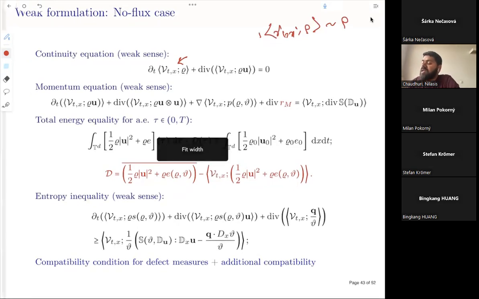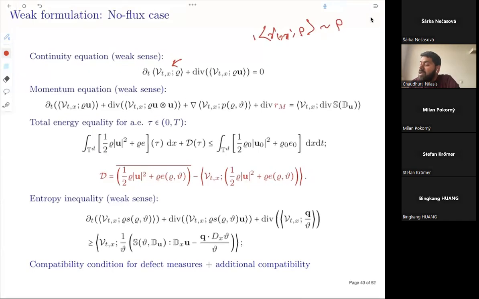So for the continuity equation, it's almost the same. For the momentum equation, you have one extra term, and actually we don't care about this nonlinearity and the convergence there. Whatever defect we have, we are just putting it on the right-hand side. So it's basically some sort of underdetermined system we are trying to solve.